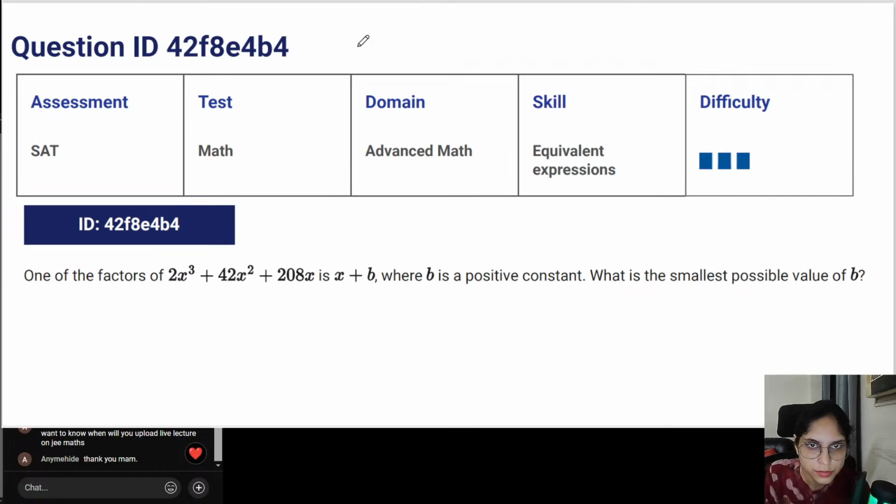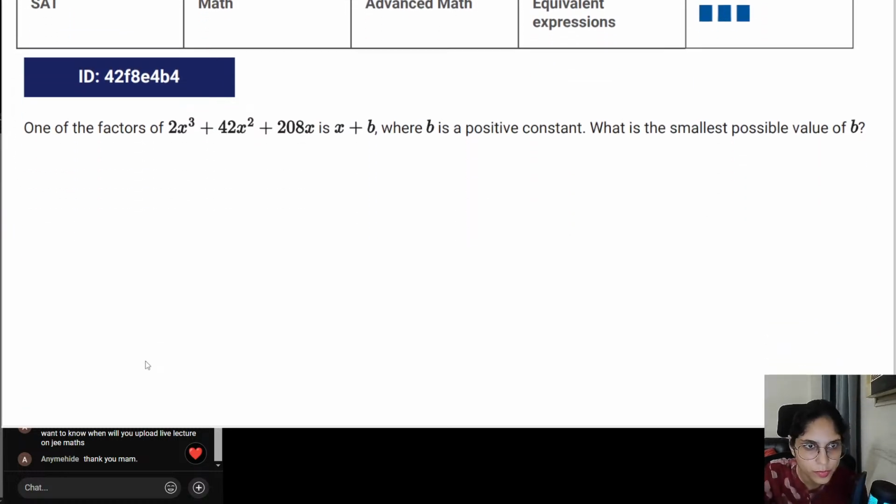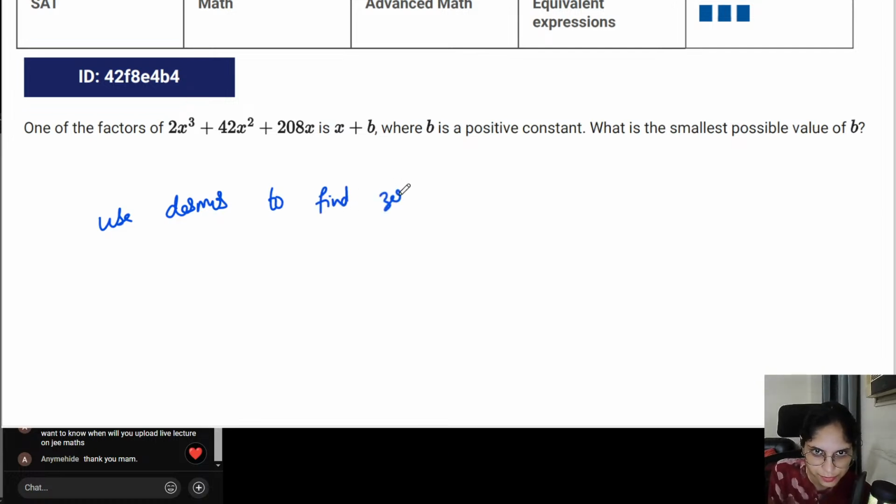50 is also a hard question. One of the factors is x plus b, so what you have to do? Whenever factors are given, use Desmos to find zeros, because from there you can get factors.